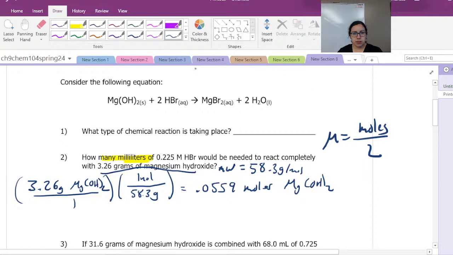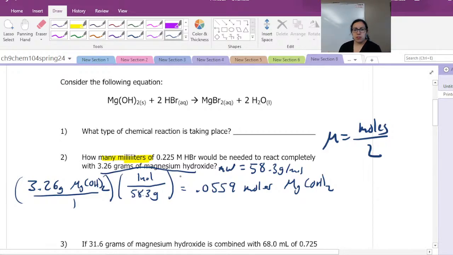We have our balanced equation. So we have to change to milliliters? So we're still not quite there yet because we're at moles, right? Do we set it equal to the molarity of the HBr, and then solve for liters and then convert that to milliliters?